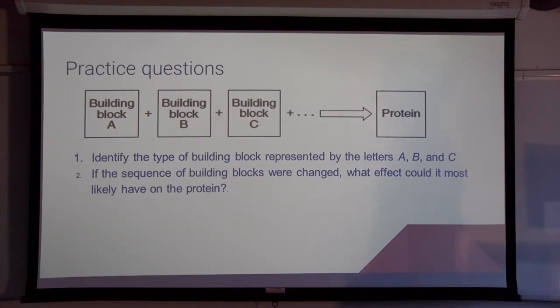Amino acid is right. So amino acids join together to form protein. What would happen if there was a change in one of the amino acids? How would it affect the protein? You will see that it would change the function, the shape would be different because the amino acid was different.